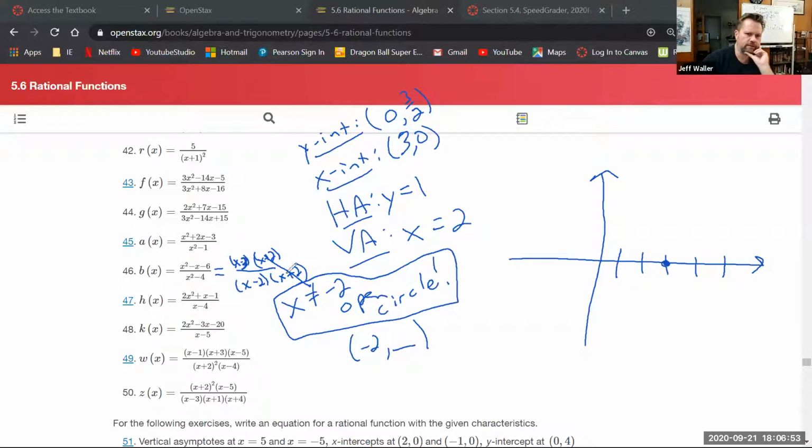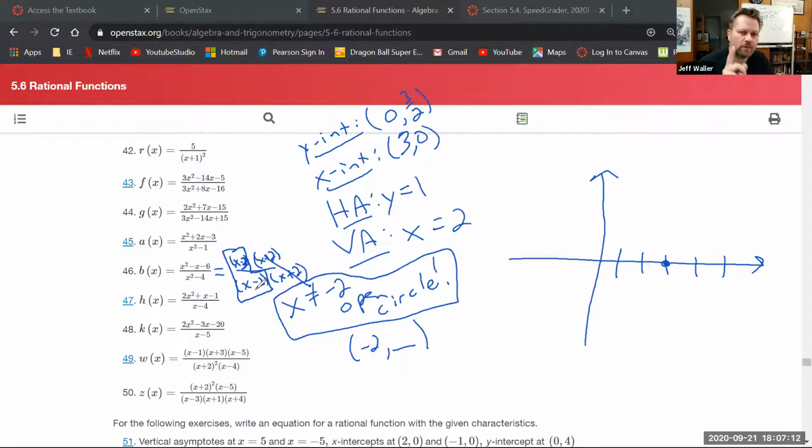These cancel. So I really want this to make sense. What's the only value of x that this does not work for? Negative 2. So what I'm going to do is put negative 2 in here the same way we did with piecewise functions.